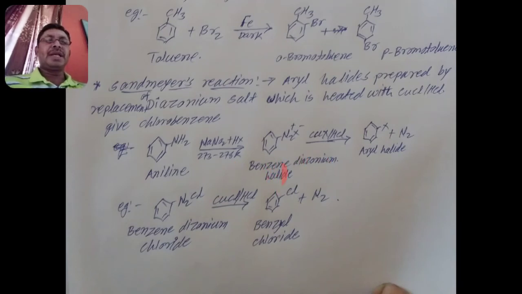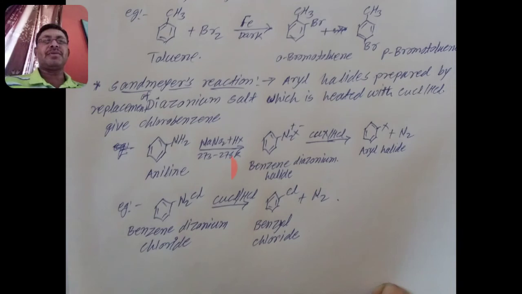That benzene diazonium salt, when treated with CuCl and HCl, gives aryl halides with liberation of nitrogen gas. That means the diazonium group is replaced by a halogen atom and we get aryl halides.